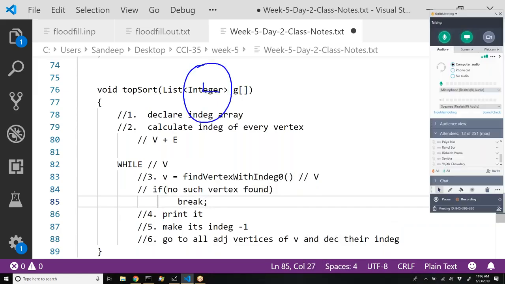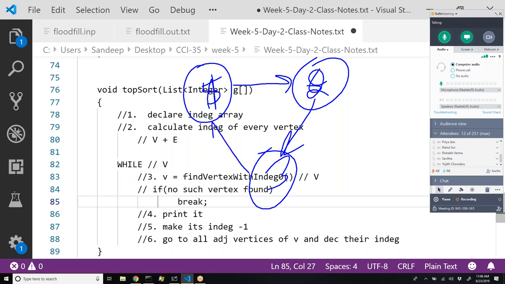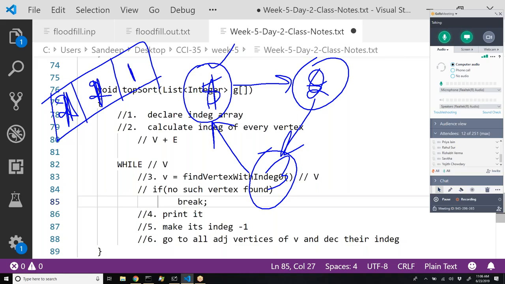If I give you a bad graph like this, 1, 2, 3, and this. What is the in degree of 1? In degree of 2? 1 has 1, 2 has 1, 3 has 1. Let's start topological sort. Which vertex do we pick?